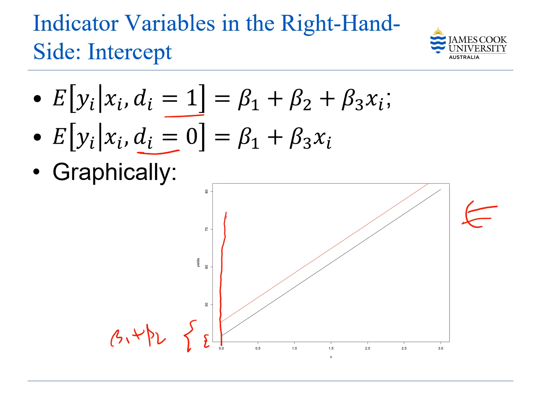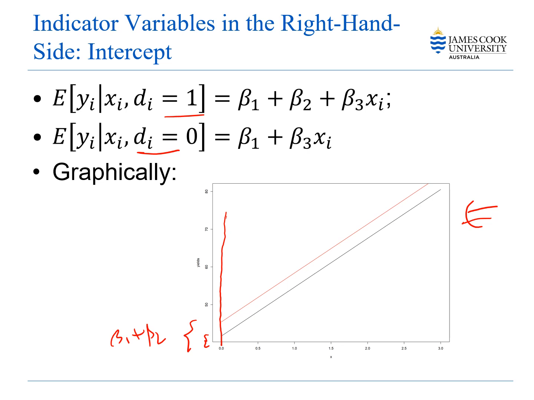And the difference is beta 2, which is the coefficient of the dummy variable. So by adding this dummy variable, we allow for the intercept to be different.